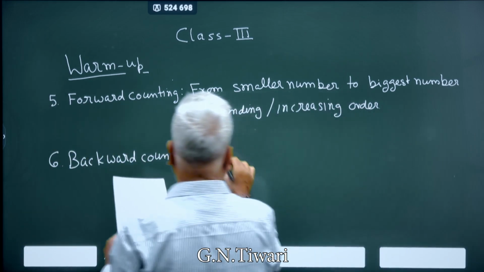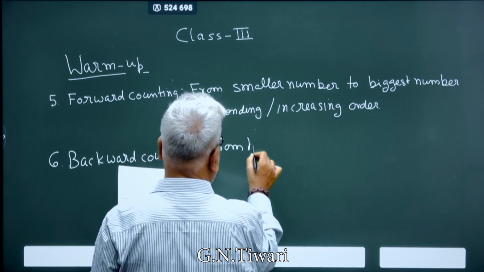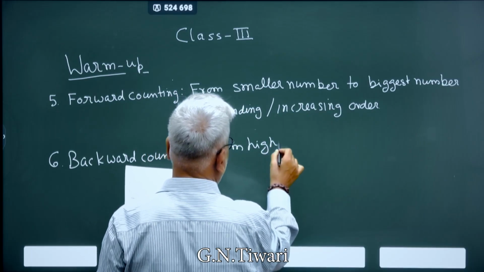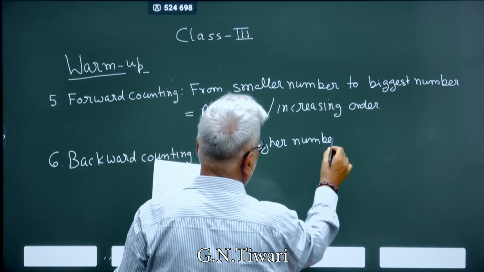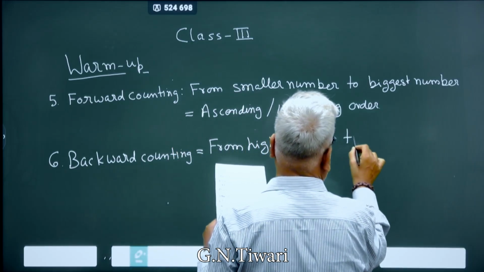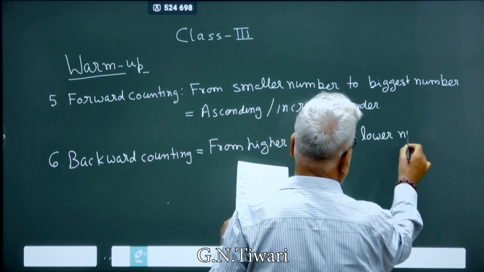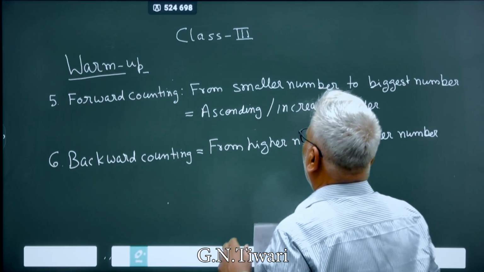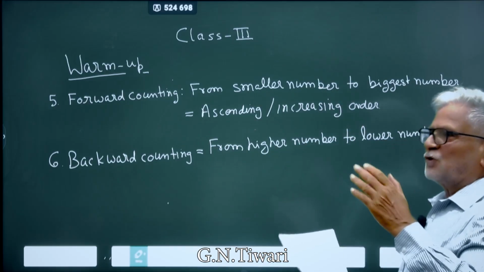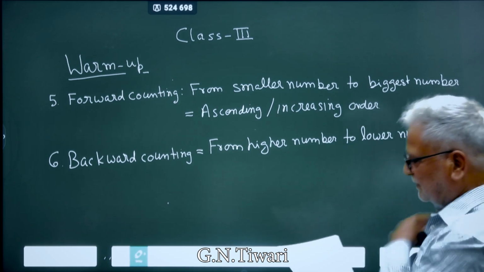For example, from higher number to lower number. Smaller is also known as lower, and higher is also known as biggest number.